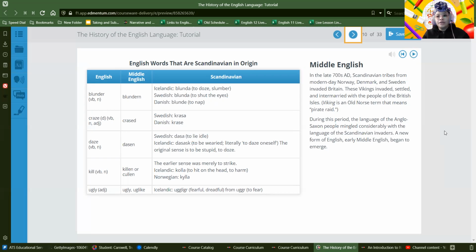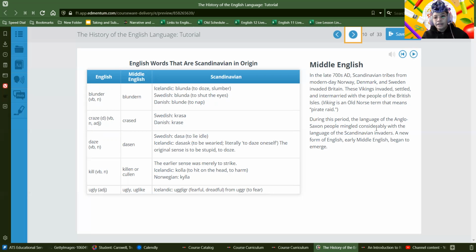So that changed the language again, because now everyone from all of these different places that are invading Britain have to be able to communicate with the people who already live there. So it says during this period, the language of the Anglo-Saxon people mingled considerably. Mingled means mixes with the language of the Scandinavian invaders. So we started off with English being a Germanic and Norwegian thing. Then we had to add a little bit of Roman influence.